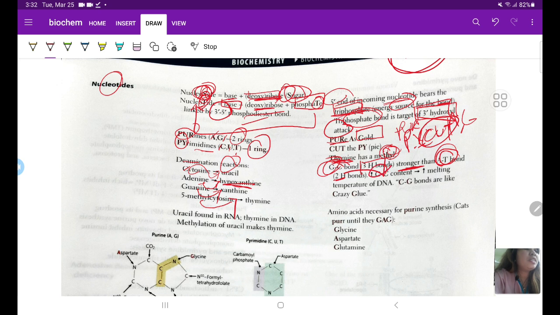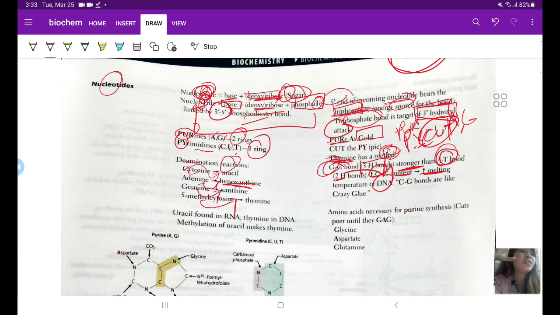So, an increase in GC content increases the melting temperature of the DNA. Increased melting temperature means it is not easily melted. For example, if the melting point is only like 100 degrees Celsius, with GC bonds it would probably be 120.